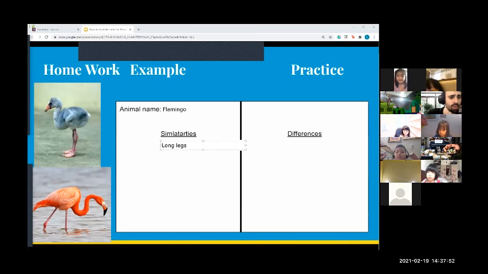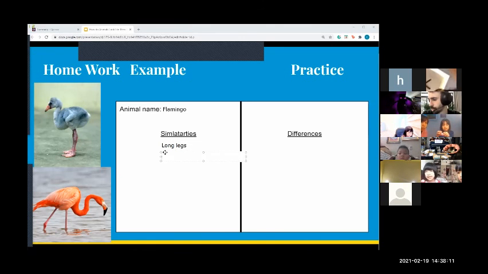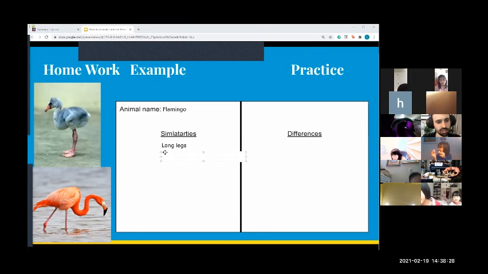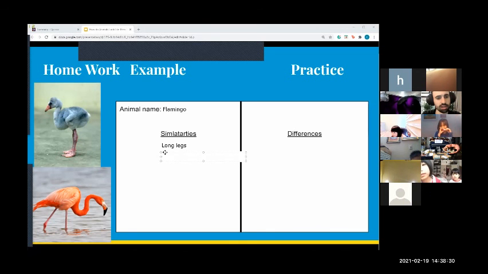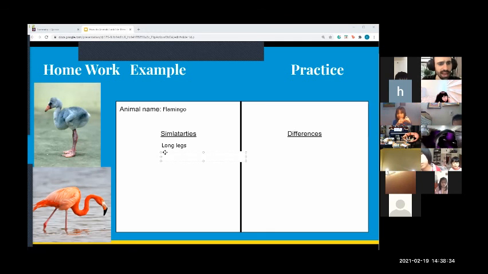Okay, how about someone else? What else is the same? The feathers? Yes, the feathers. Yeah, they both have feathers, but does the baby have feathers yet?